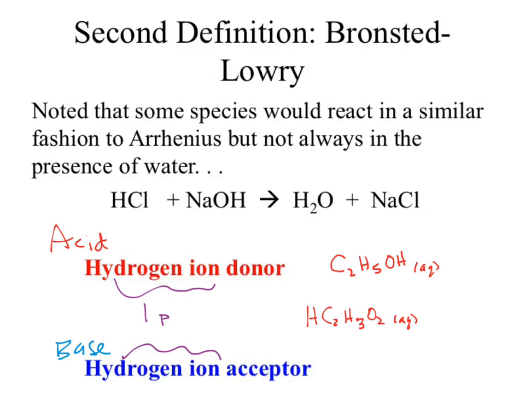Horrible definition, but it's a simplification of the rules that allows you to get through this class and recognize your acids without having to understand as much about those definitions. So when we're trying to identify a compound, if it's an acid, we will find a hydrogen, it will be aqueous, and that hydrogen will be in front of the formula. If those rules are not satisfied, we're not technically looking at an acid.